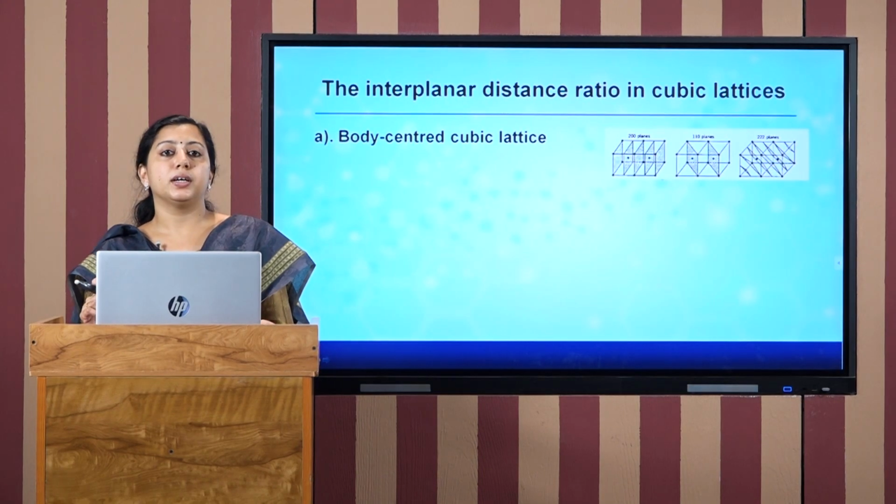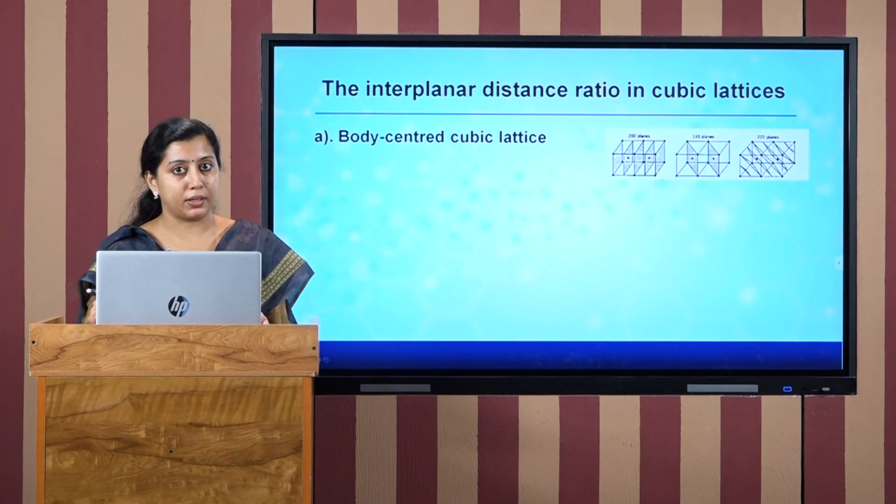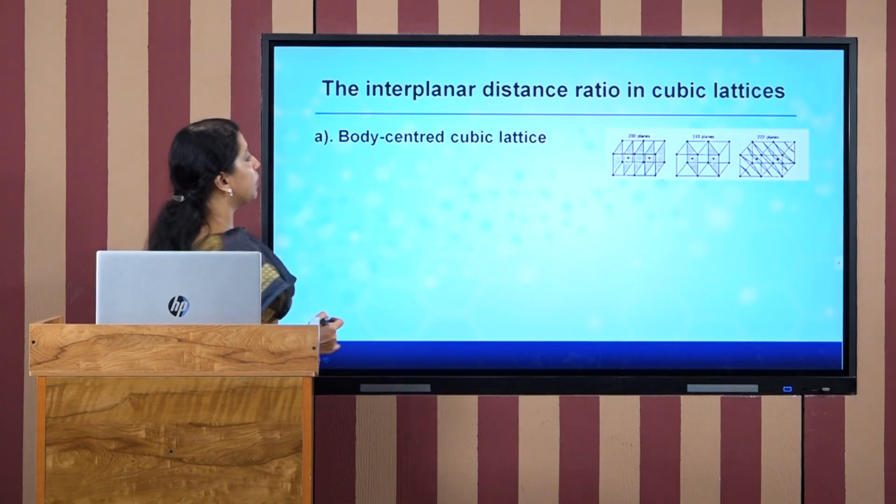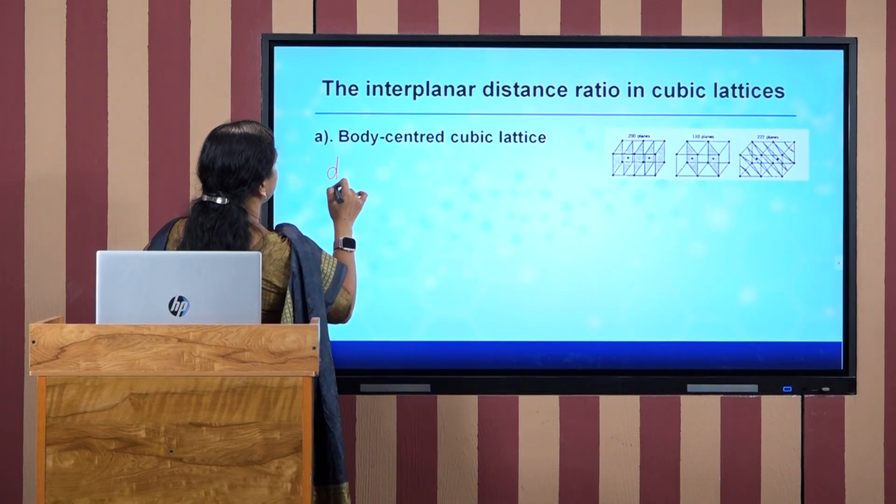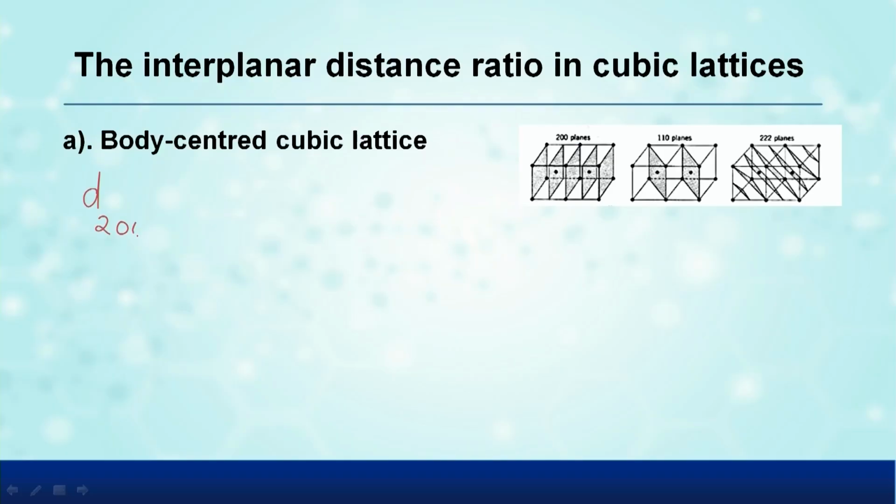So, next is the body centered cubic lattice. In a body centered cubic lattice, the first plane is D200. So, that will be equal to A by root of 2 square plus 0 plus 0.